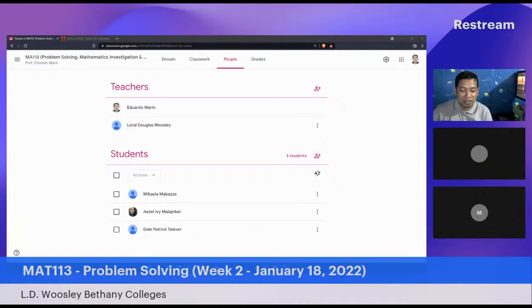Mag-isip na kayo ng mga research title niyo para mabilis, kasi kung mag-iisip pa lang on the sem itself, baka kulangin ng oras. Assuming na ako magiging professor, pero kung iba naman, walang problema. But I would encourage students to have their research title in mind already, somewhat close to their heart, close to their hand, and close to their head as well.